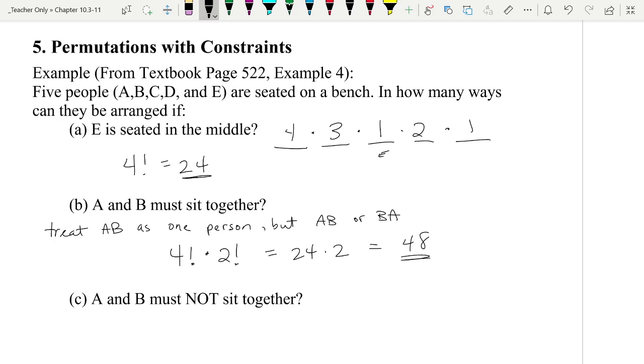Cool. All right, what if A and B have had some sort of falling out and they just refuse to sit next to each other? A and B cannot sit next to each other.